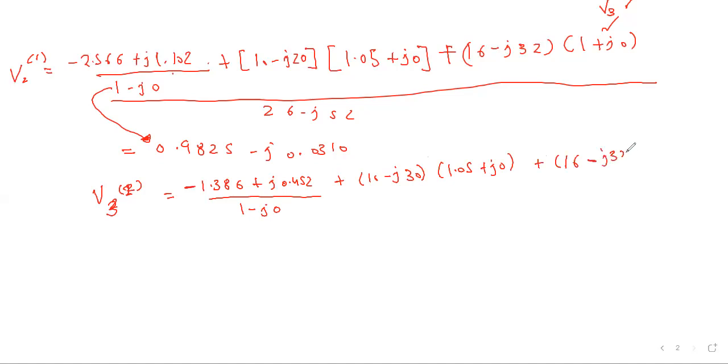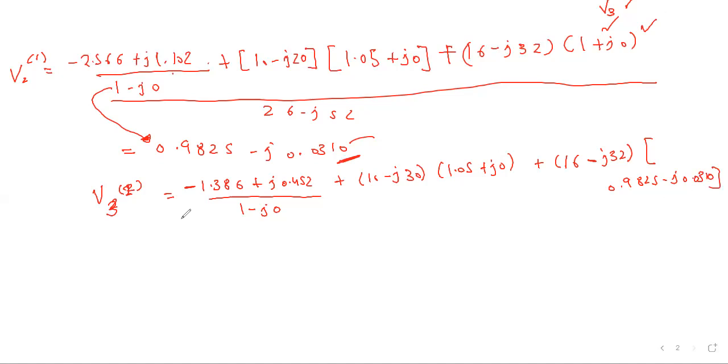And when you are calculating for V31, here you have to put the value. The initial estimate will now become, instead of 1 plus j0, this term: 0.9825 minus j0.0310. So you have to be careful, this estimate has to be changing.